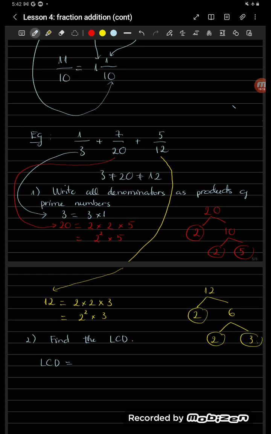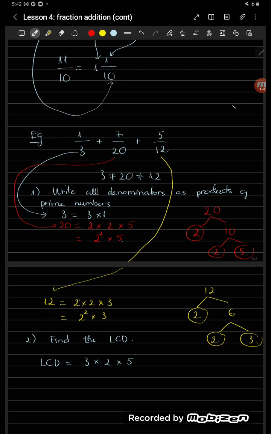So here let's check how many different prime numbers we have. For 3 equal to 3 times 1, we have a prime number 3. For 20 we have prime numbers 2 and 5, so they are all different. So times 2 times 5 here.